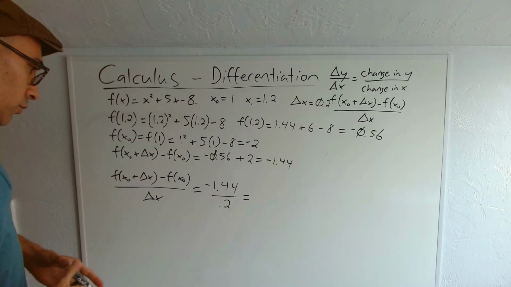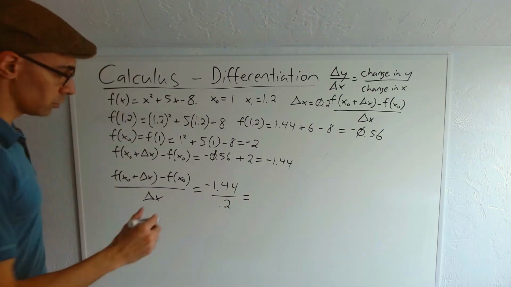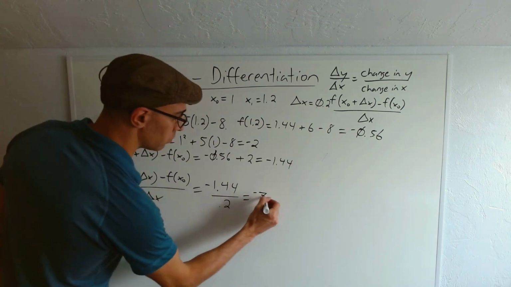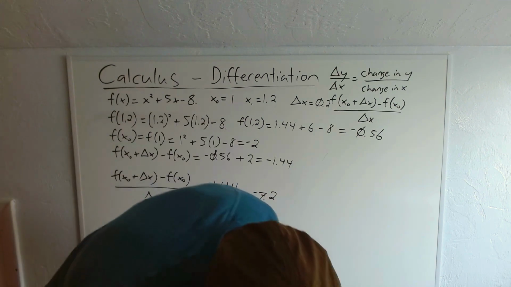And we get, what do we get? Negative 7.2. So there's our first problem.